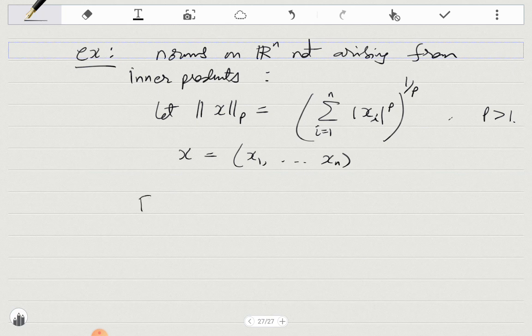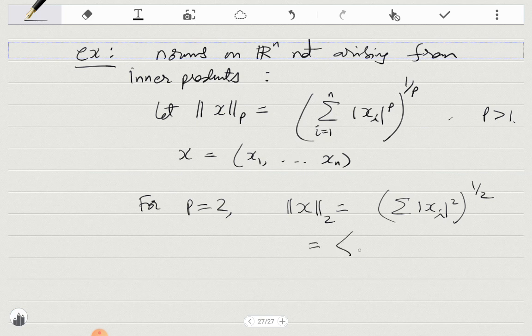For p equals 2, it is something that we are familiar with. It's just the Euclidean norm. So this is just I square and then take the square root. And I know that this is just the square root of the standard inner product on R^n.